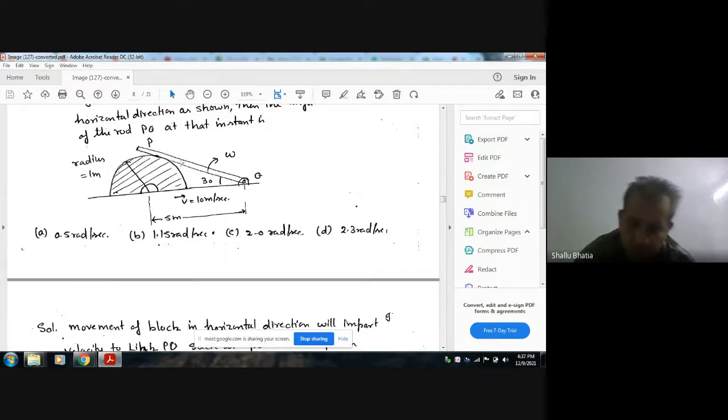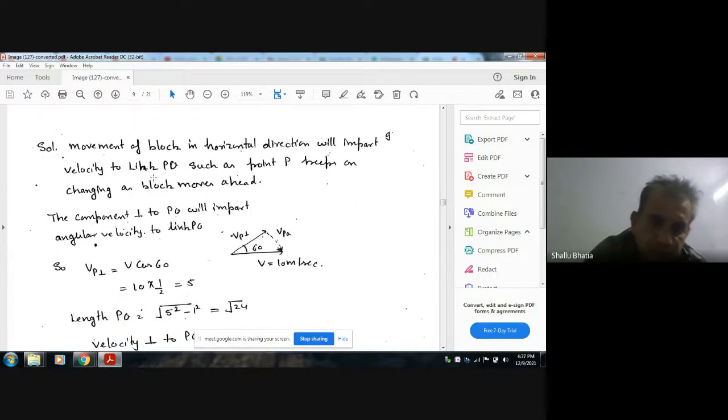So this velocity will have two components, V P along PQ and V P perpendicular to PQ. Now this angle is 90, so V cos 60 is V perpendicular.